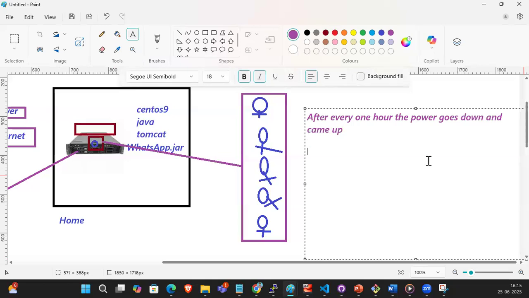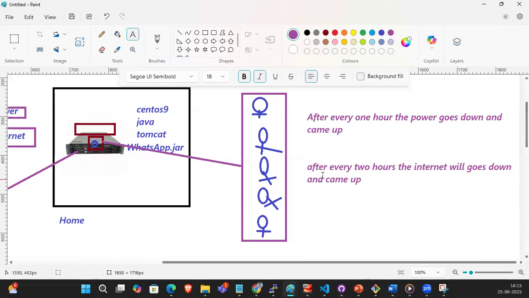And after every 2 hours, the internet goes down and comes up. So whenever your power goes down, the server is not powered up. Are you able to access this website?